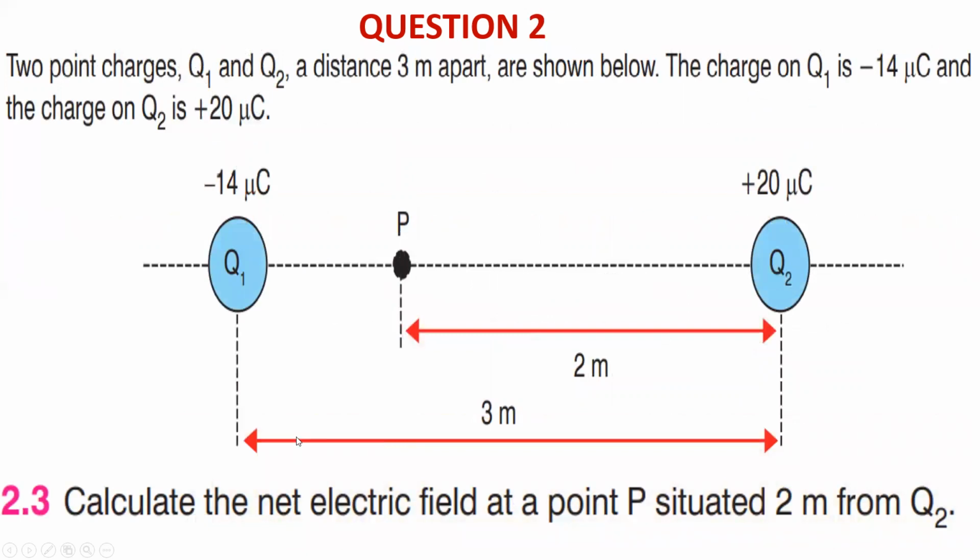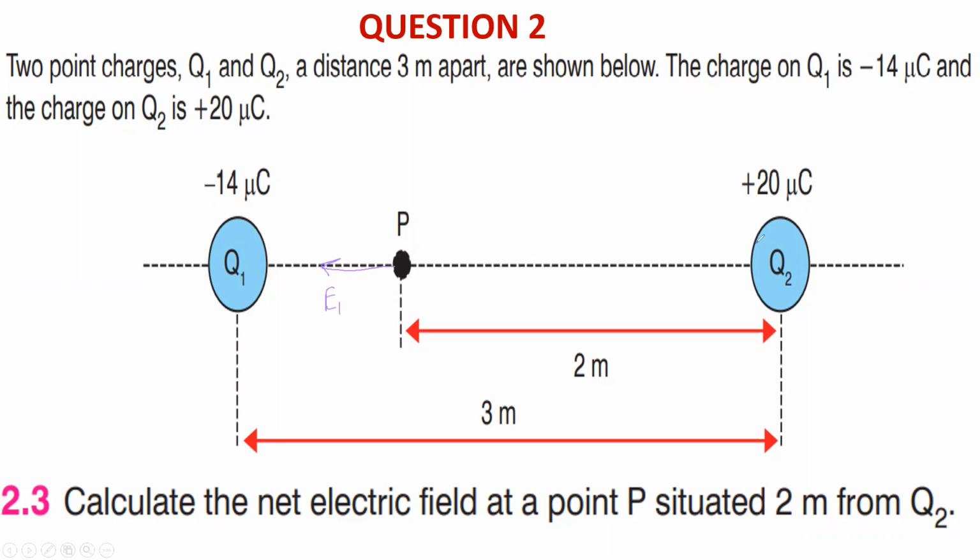Next question, 2.3, asking you to calculate the net electric field at point P. All right. How are we going to calculate the electric field? This kind of question we have done already. First of all, on P, you must just draw a force diagram. Let's draw first. So we have point P, negative 14 attracts. So this is your direction of E1.